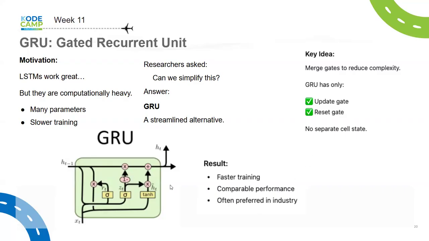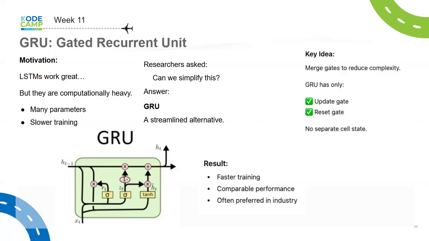So the result of the GRU is that GRU has far fewer parameters, so it was faster to train. In LSTM you have two tanhs, but here you have just one tanh. You have three sigmoids, but here you have just one sigmoid. Even though the activation functions are pretty fast, I think sigmoid and tanh are some of the slowest activation functions that we have because of the exponential calculation that needs to be done.